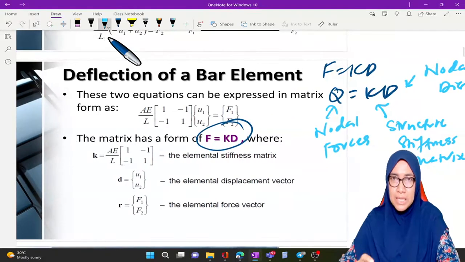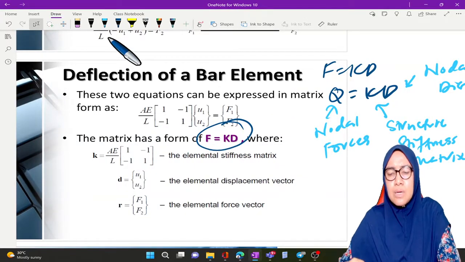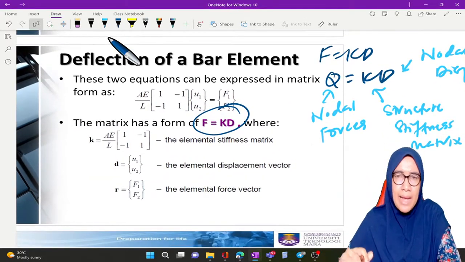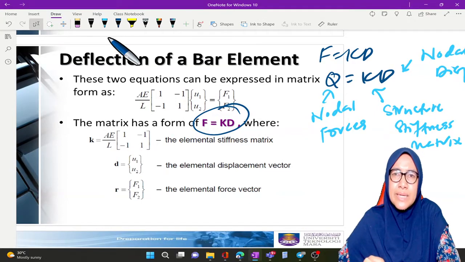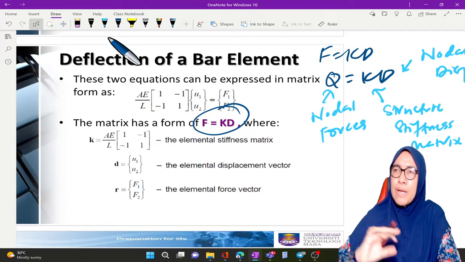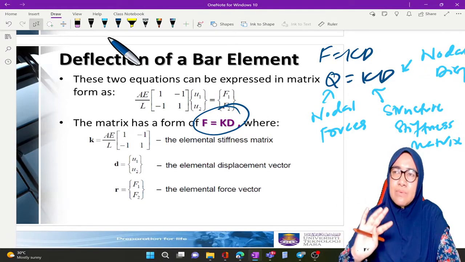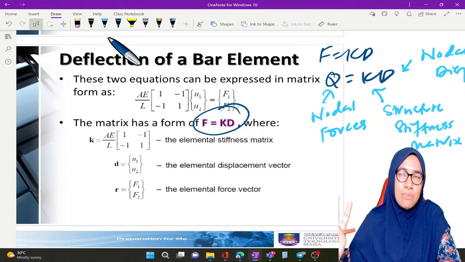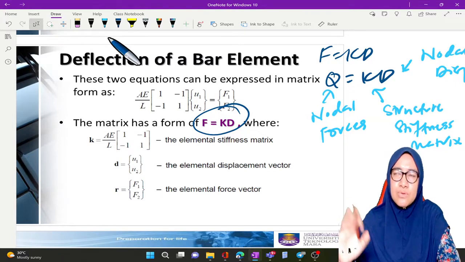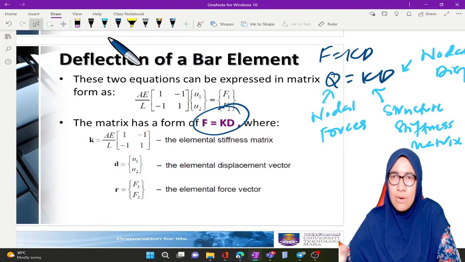Actually, I don't want to explain in detail about the bar element because I don't want to threaten you. Compared to all four topics, you have learned flexibility, and after this you will learn the moment distribution method. You have also learned many types of structure under determinate structure.